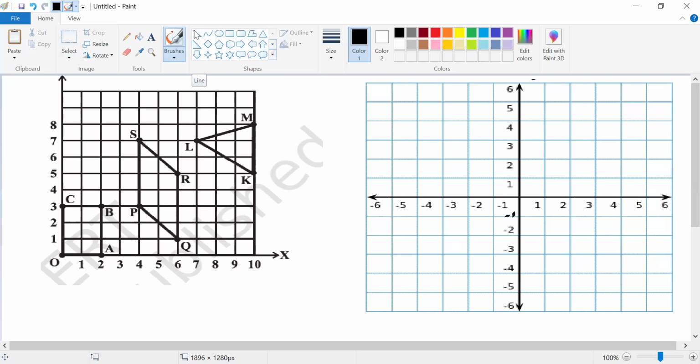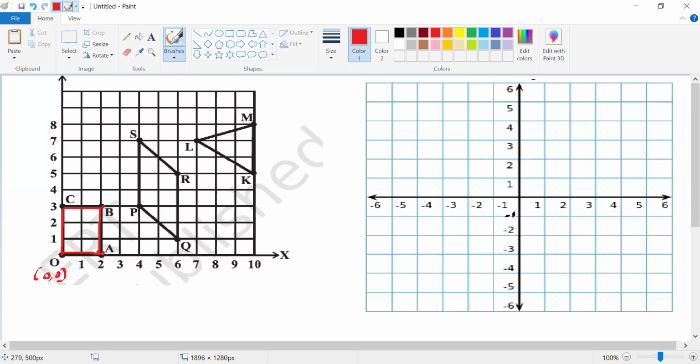We have to locate their coordinates. So first let us take this OABC, this square, let us take first. This O, A, B, C. So what are the coordinates here? Coordinate of O is 0, 0, origin.